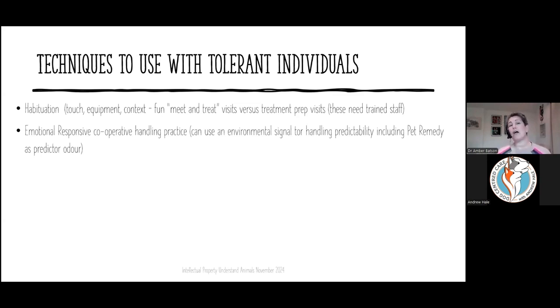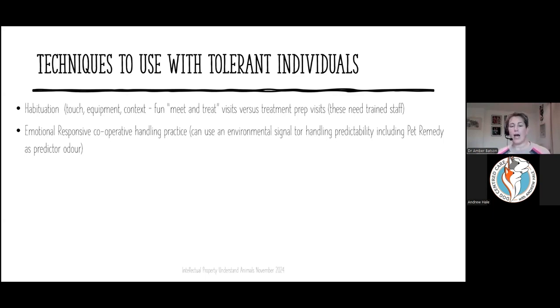The pet remedy odour can actually be useful for that too, not only for its potential pharmacological, physiological effects, but also as a predictor odour. And we've got some videos that will be available through that web page.